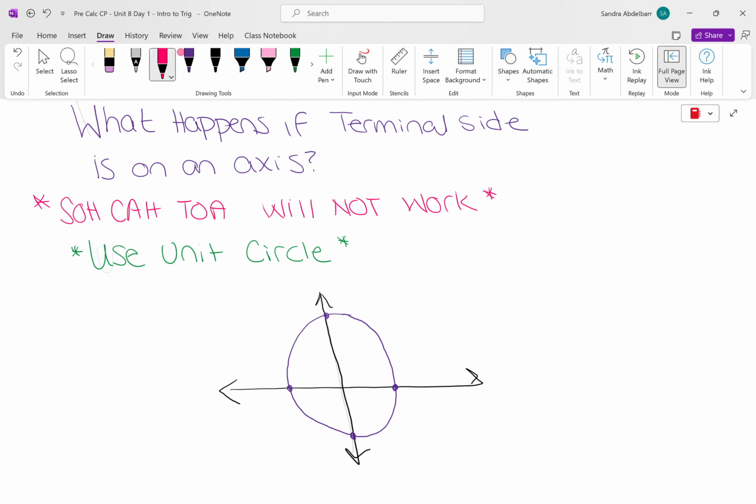So where it crosses the x-axis will be the point 1, 0. Where it crosses the y-axis on top will be the point 0, 1. Where it crosses the negative x-axis will be negative 1, 0. And where it crosses the negative y-axis will be the point 0, negative 1. That is our unit circle.